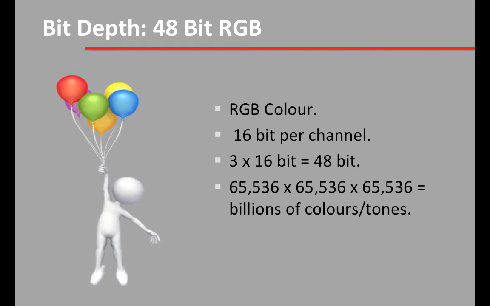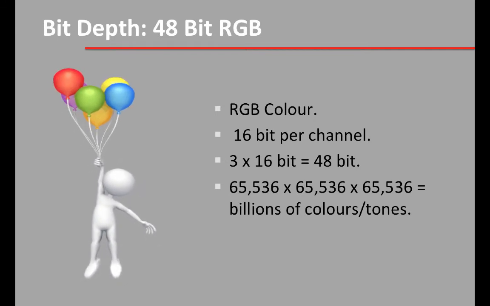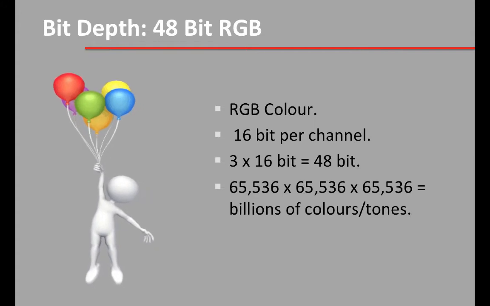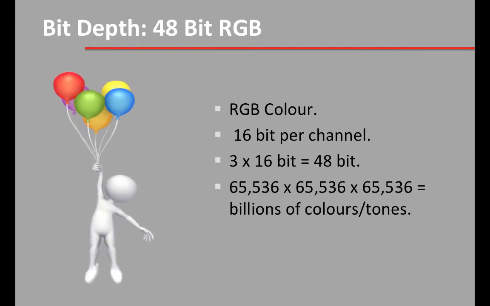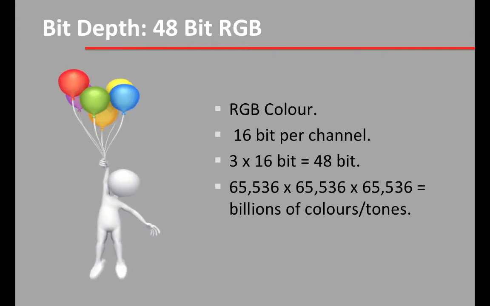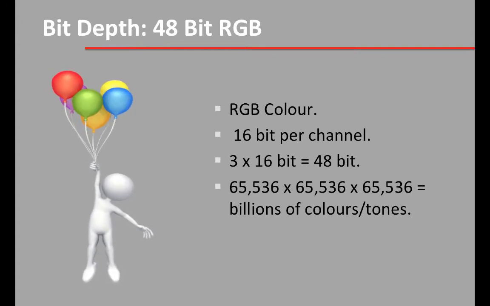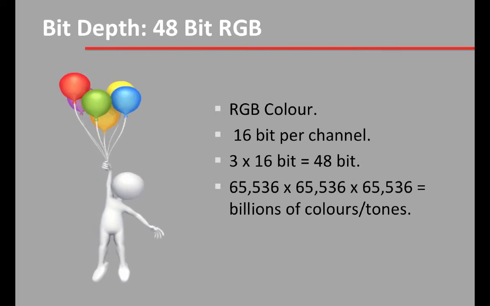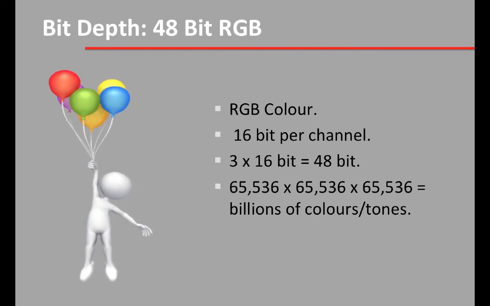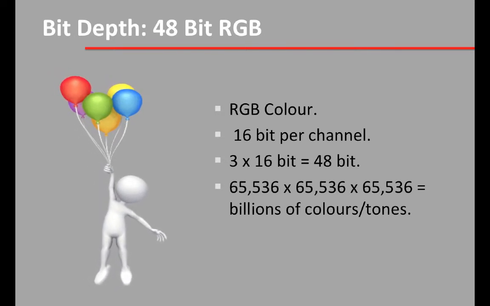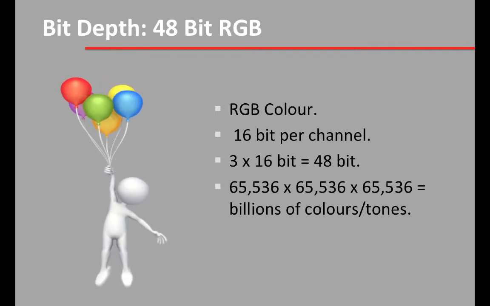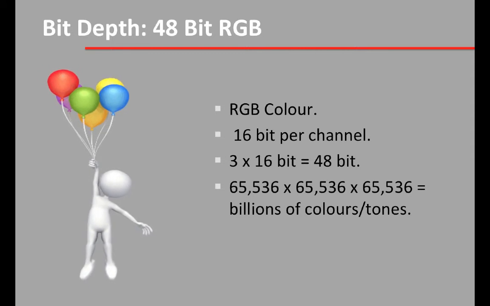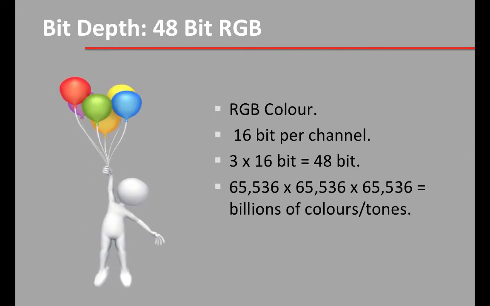So what 16-bit represents, rather than 256 different shades, is 65,536 variations of tone in each pixel. So when we've got 3 channels at 16-bit, we've got 65,000 times 65,000 times 65,000, which actually ends up being billions of colors.